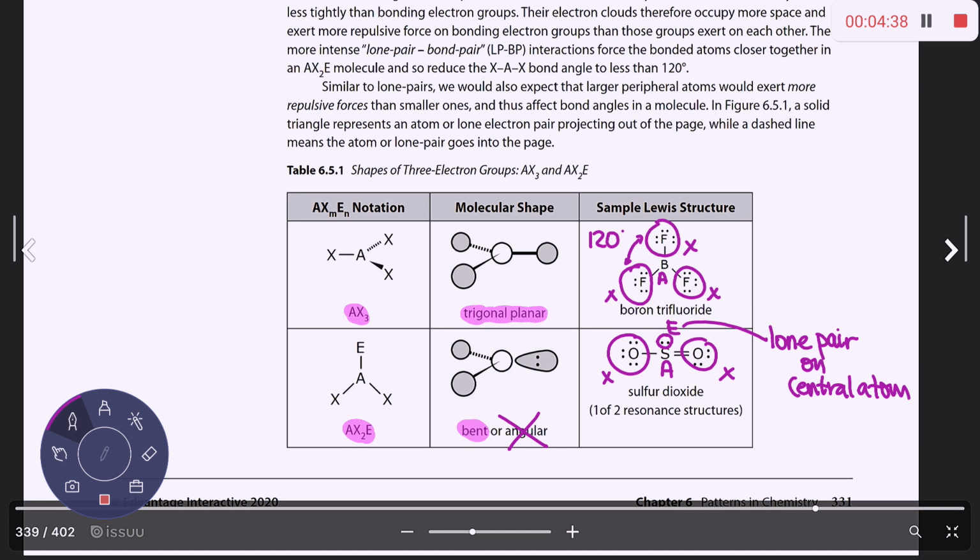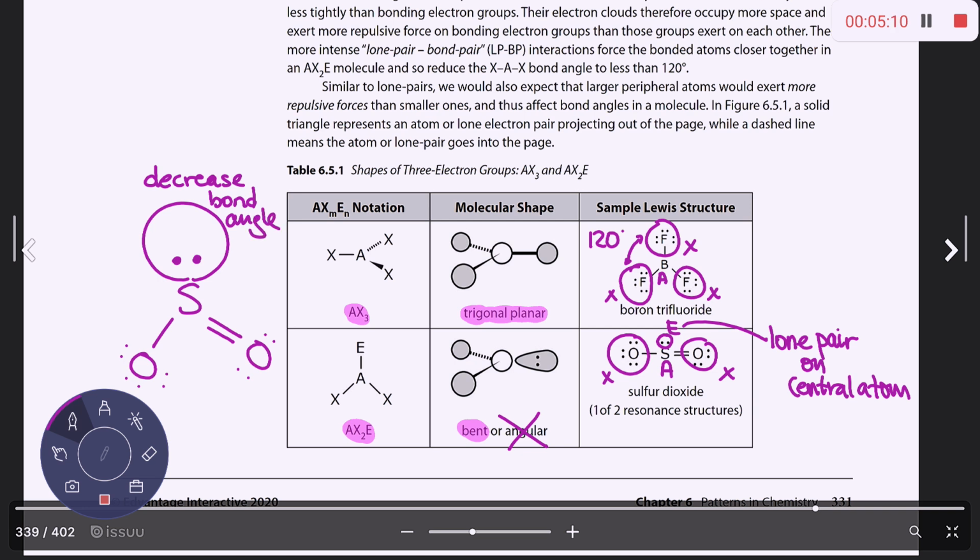And then let me explain the bond angle. The lone pair of electrons on the sulfur, since it is not contained in a bond, takes up a lot of space. And this will push away your bonded oxygens more than you would expect it to. So it looks something like this. So this lone pair of electrons will decrease a bond angle by about 2 degrees.